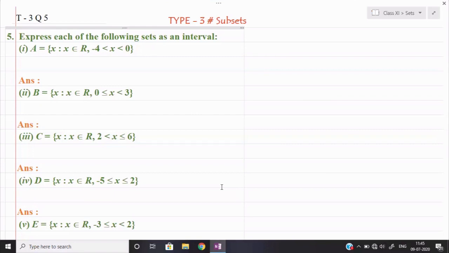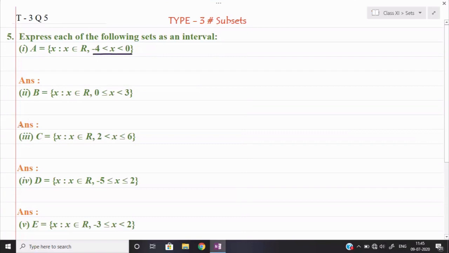In the fifth question, they are saying to express each of the following sets as an interval. We have just done the topic of intervals, so let us see how we can express them directly. First of all, pay attention to this particular inequality.